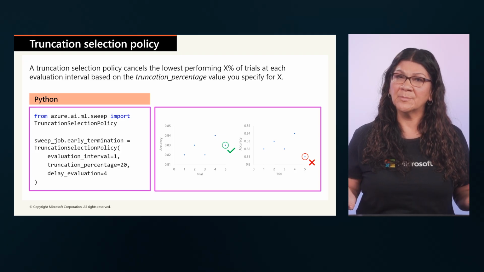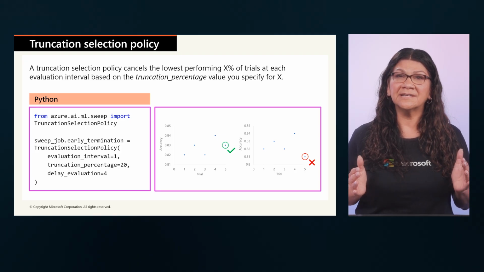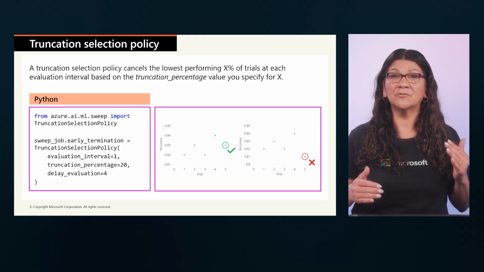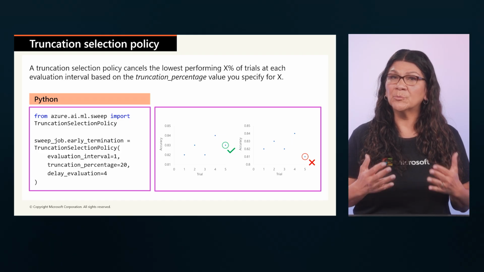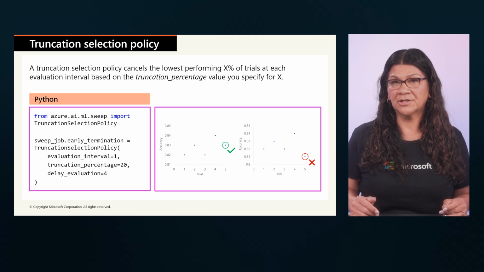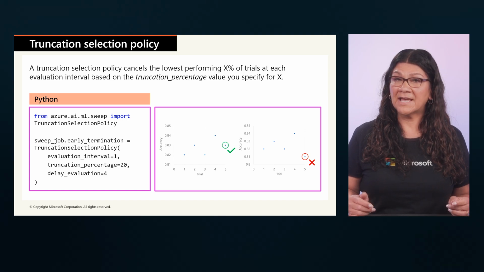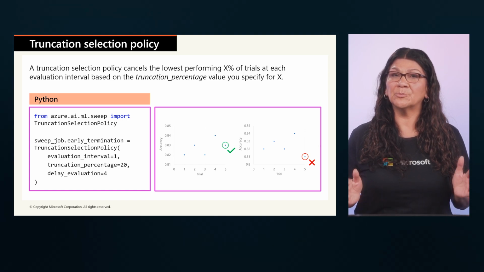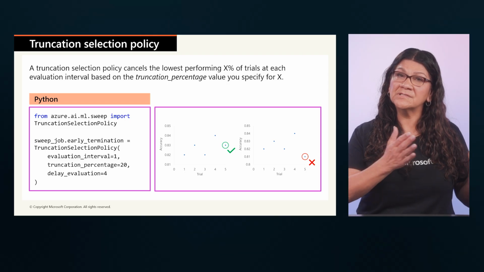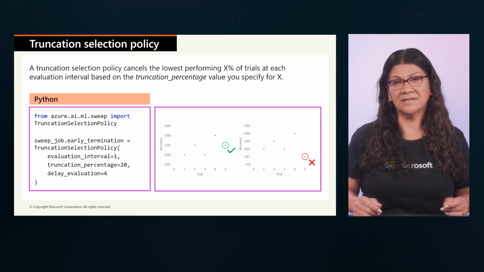During a sweep job, the policy periodically examines the logged metric for all running trials and removes the worst performing portion, defined by the truncation percentage. So compute resources shift towards stronger model candidates.